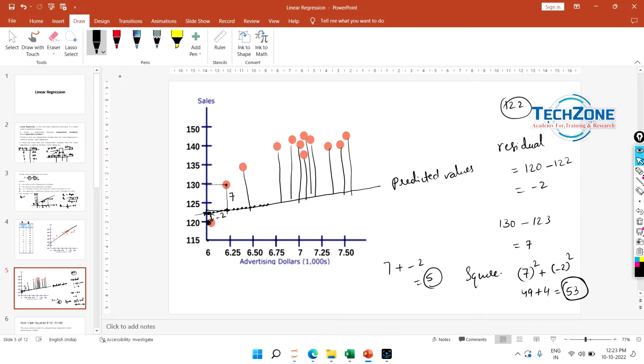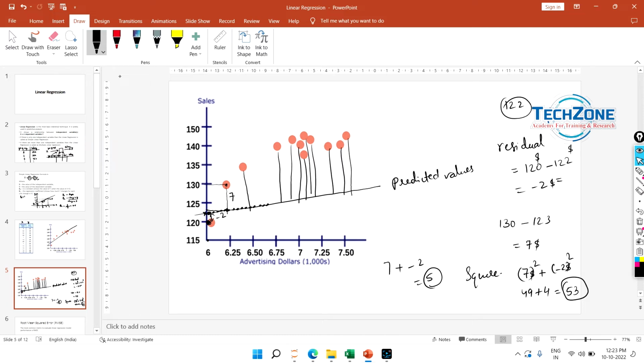But in doing this, we have increased this number. We have changed the units. For example, the difference was money, like this is $120 minus $122, so this was minus $2. Similarly here, this was $7. So we squared $7 and we squared minus $2.